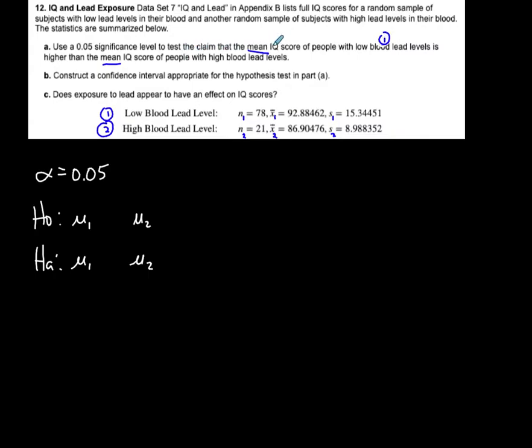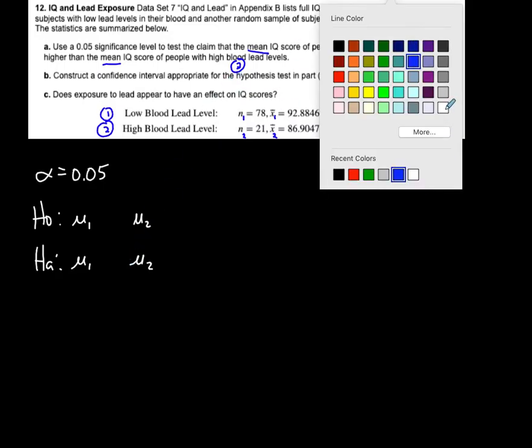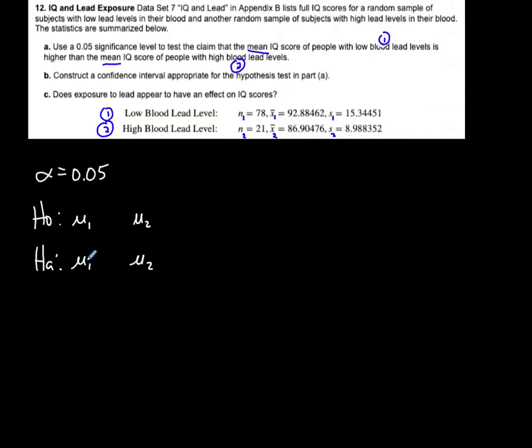So test the claim that the mean IQ score of people with low blood lead levels is higher than the mean IQ score of people with high blood lead levels. That was group 2. So is group 1's mean higher than group 2's? So what kind of test do I have? Is their IQ score higher, sorry, higher, not lower, higher than the other group?